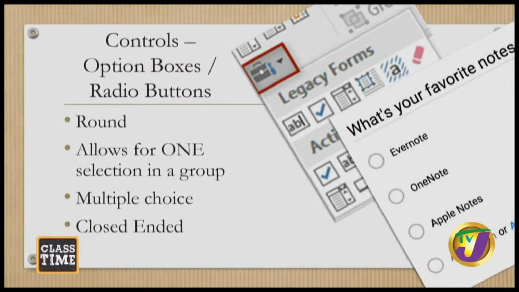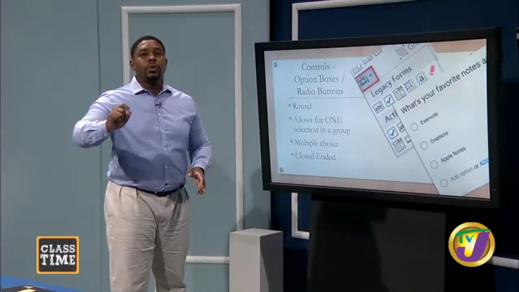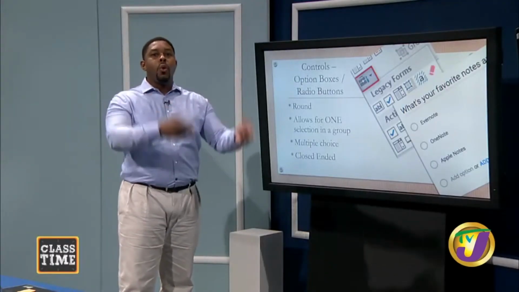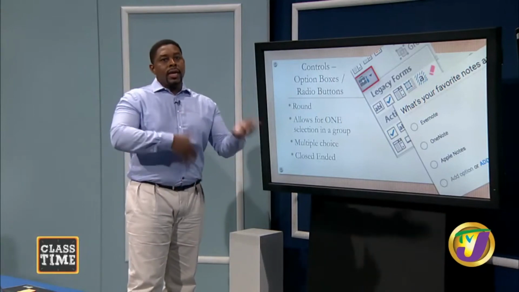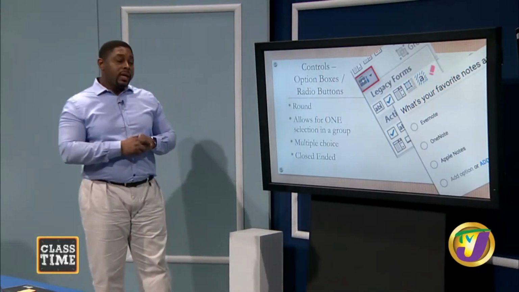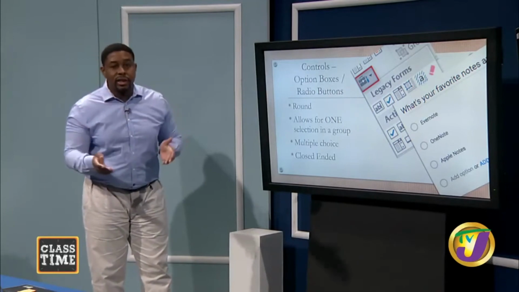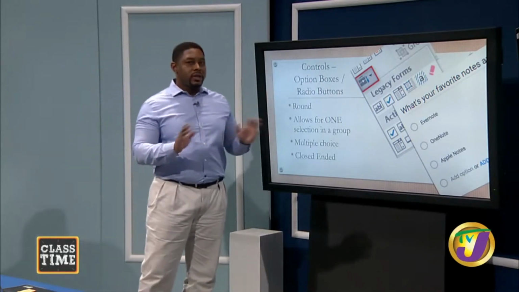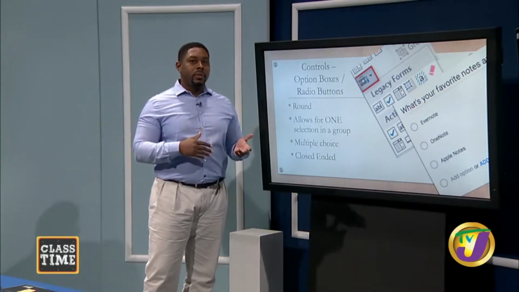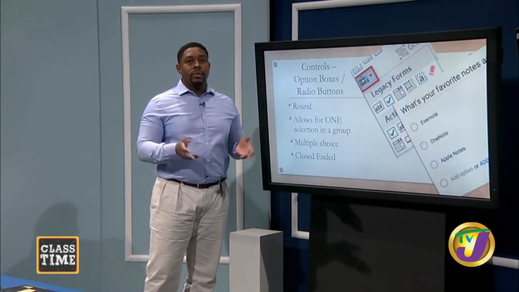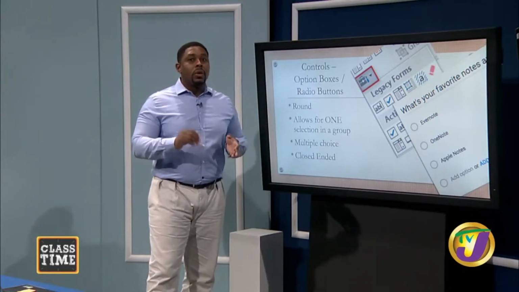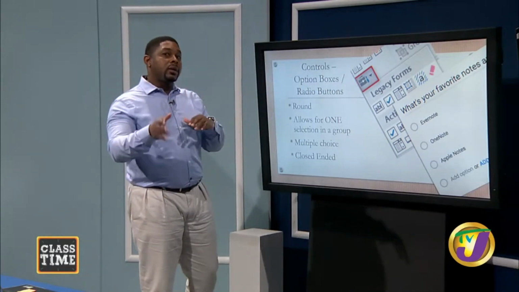If we did this from a hard copy perspective, where the forms were physical and you had paper, you would have to tell the person filling out the form, only choose one. In the case of Google Forms or Microsoft Word and HTML, you don't necessarily have to say that to the person filling out the form. The control is already created with a mechanism that allows you to only select one. So that is handled already.